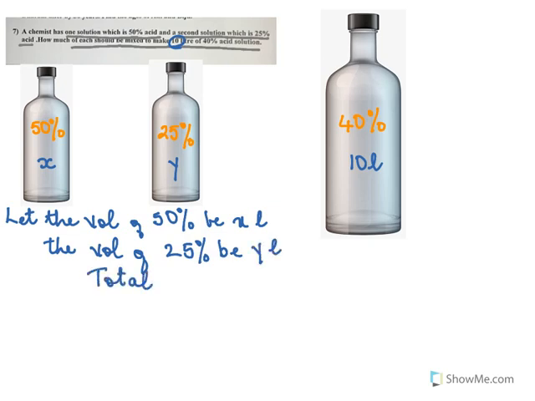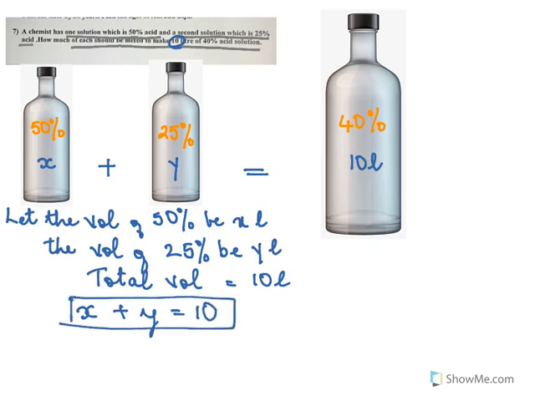We know the total volume is 10 liters. So one equation is x plus y is equal to 10. So x liters plus y liters equal to 10 liters. This is my equation 1.